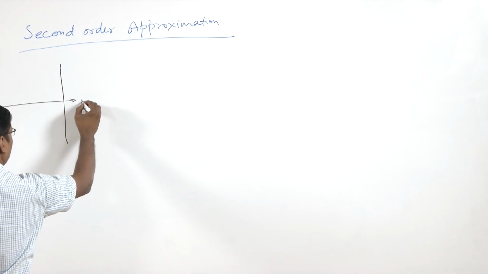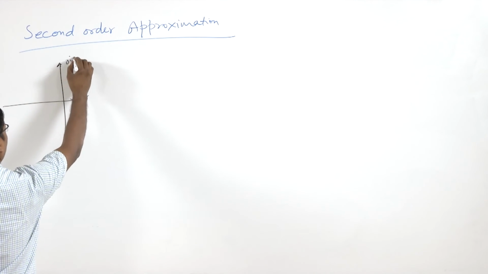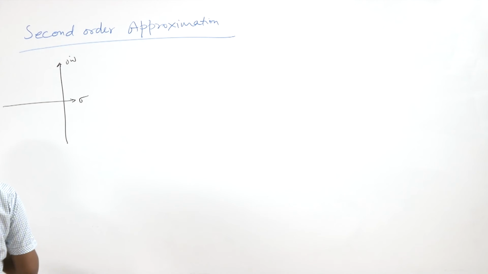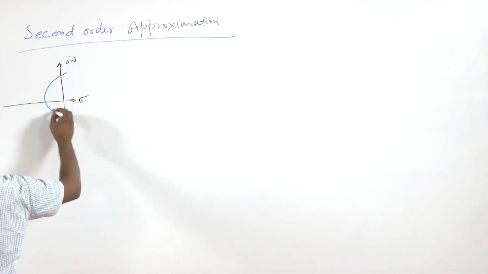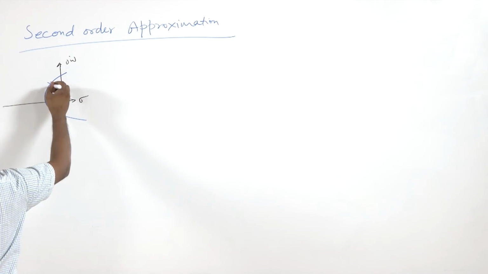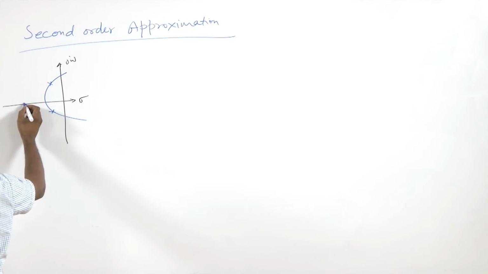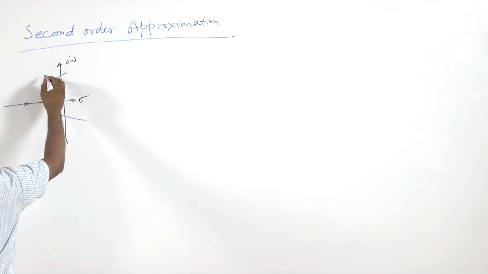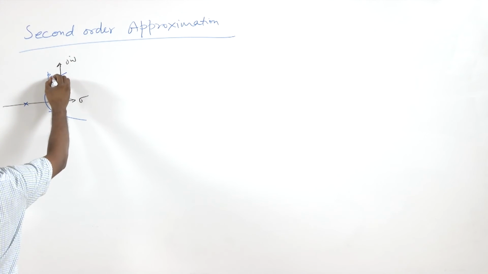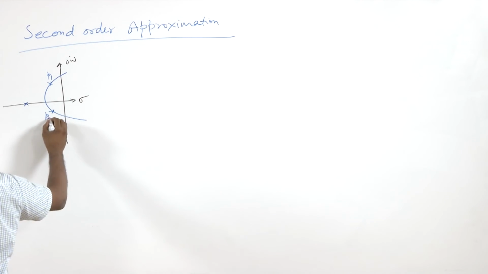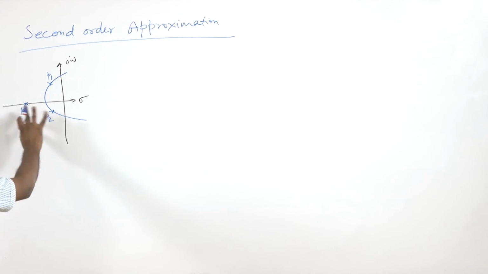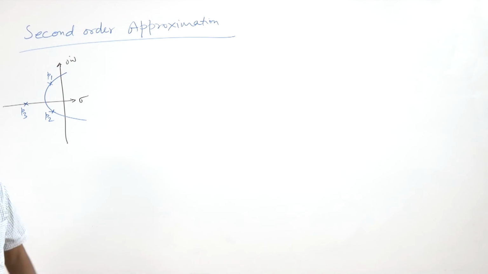So this is sigma, this is j omega, and we have the root locus, and there are these second order poles, and at this again there is P3. So this is P1, this is P2, and this is P3. So for a certain value of gain, this is the condition.